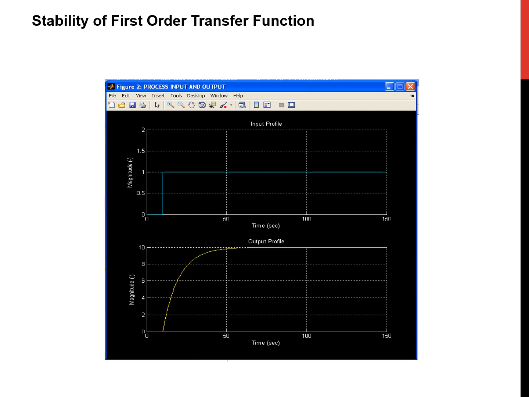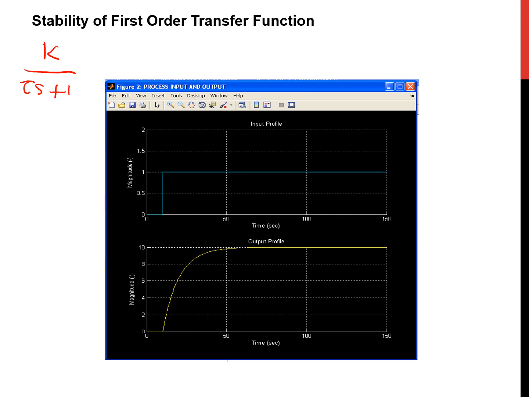Previously we already covered the approximation of higher order transfer functions. Now what I want to show you is the stability of the transfer function. We start with the first order transfer function. Let's say for the first order you have K over tau s plus 1.